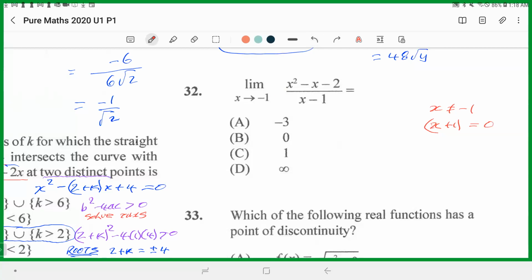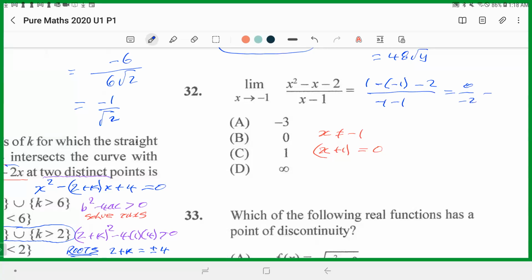Let's apply the limit. This becomes -1 squared is 1, minus the -1, plus -2. This is 2 minus 2, which is 0, in the numerator. The denominator is -1 minus 1. It becomes 0 over -2, which is 0. So the answer is 0 right here.